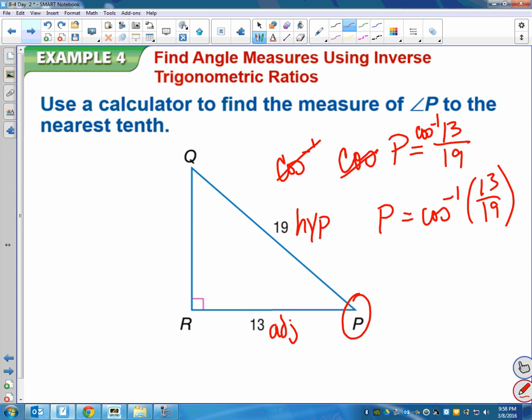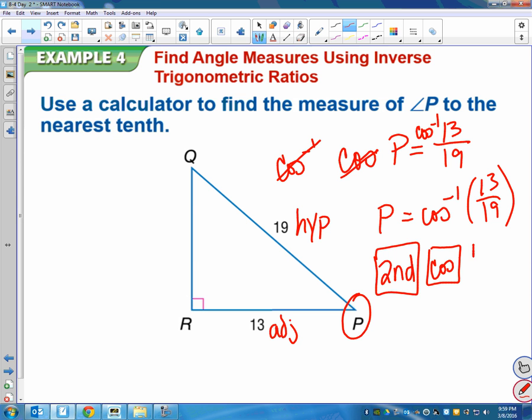You should see that the inverse cosine button is the same as the cosine button, but you have to hit second first. Second first, that's funny, right? So on your calculator, you're going to hit the second button, which is up at the very top corner. Then you hit the cosine button, because it's going to do the one above it.